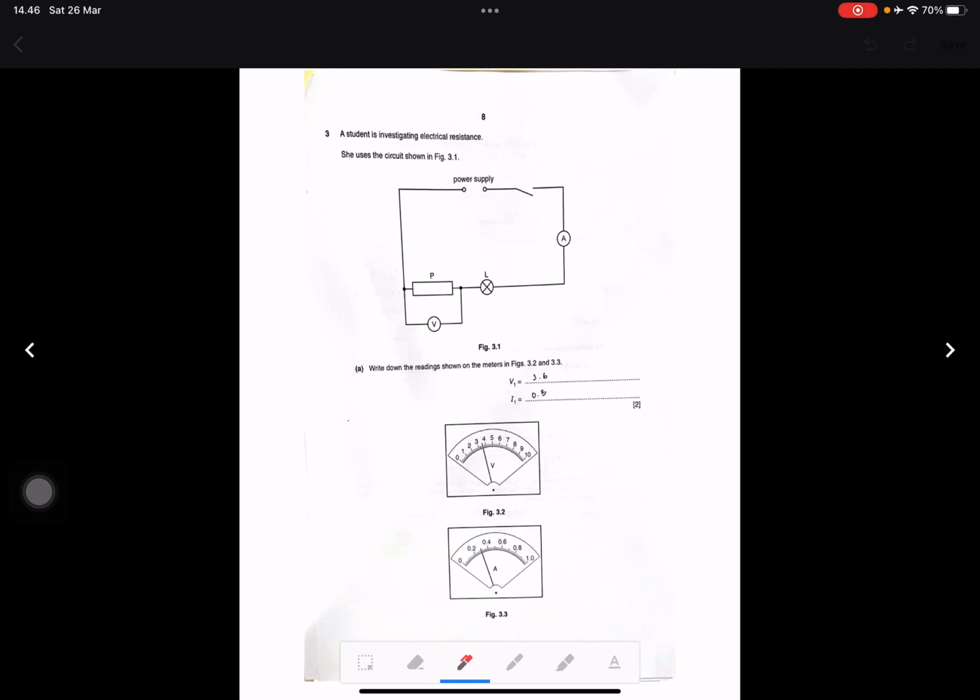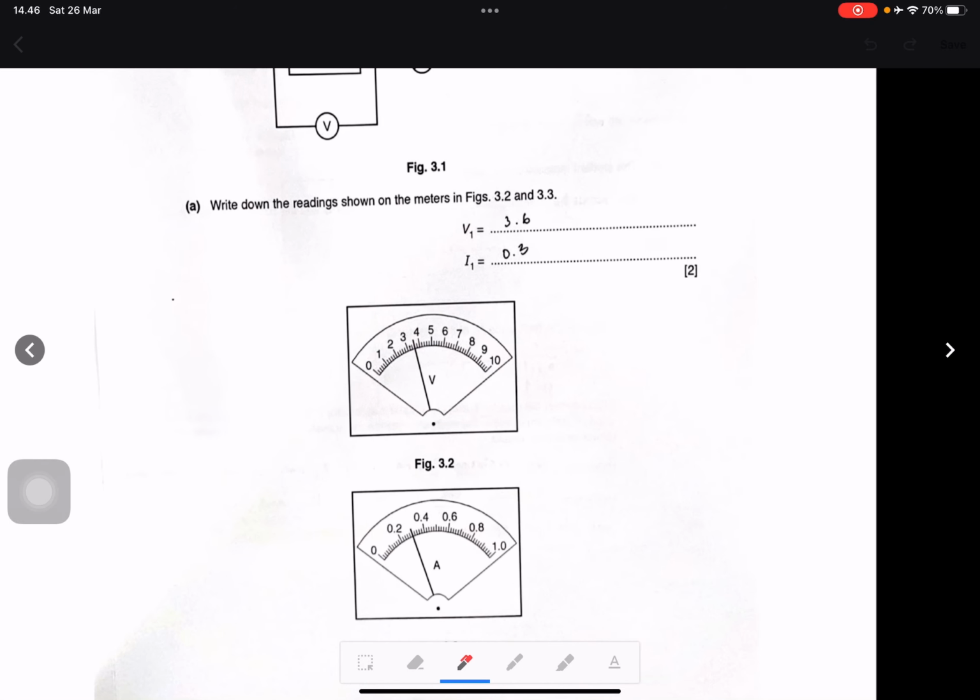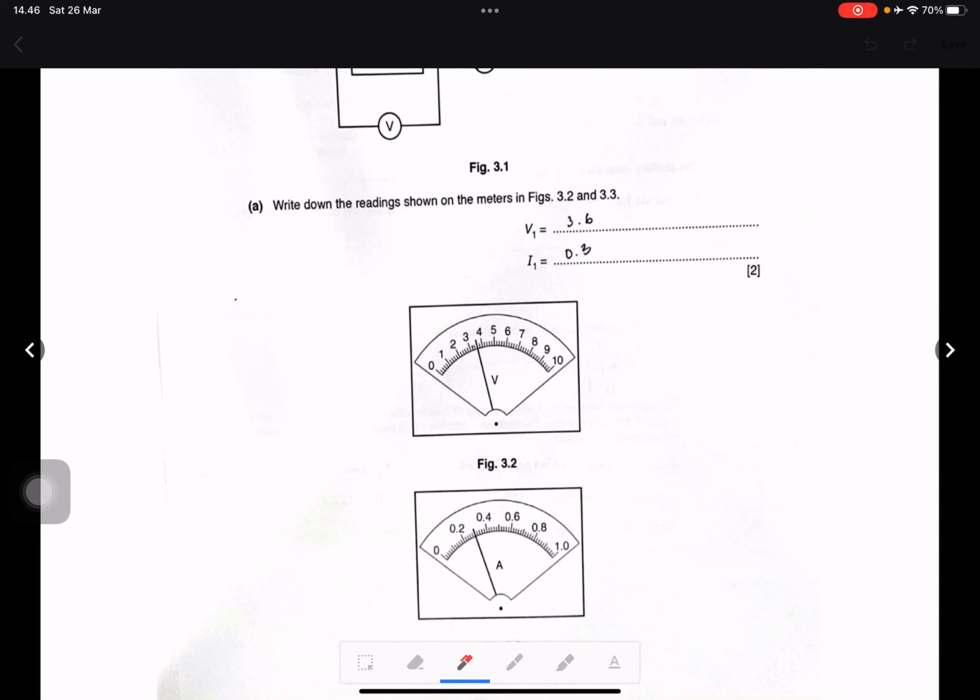The power supply, ammeter, resistor P, lamp L, and then a voltmeter in parallel with resistor P. Write down the readings of the meters in Figures 3.2 and 3.3. Yes, this is 3.6. Correct. 0.3.